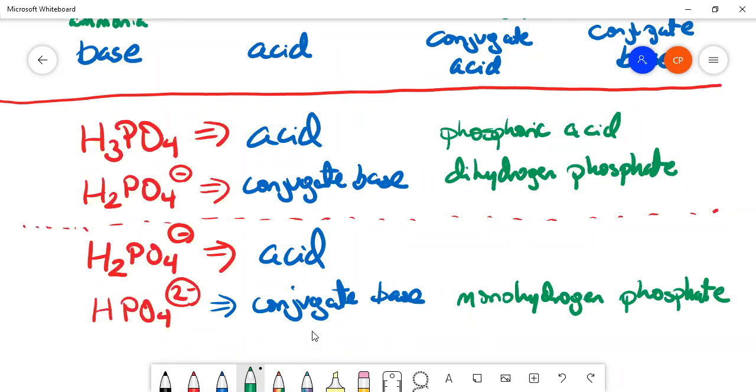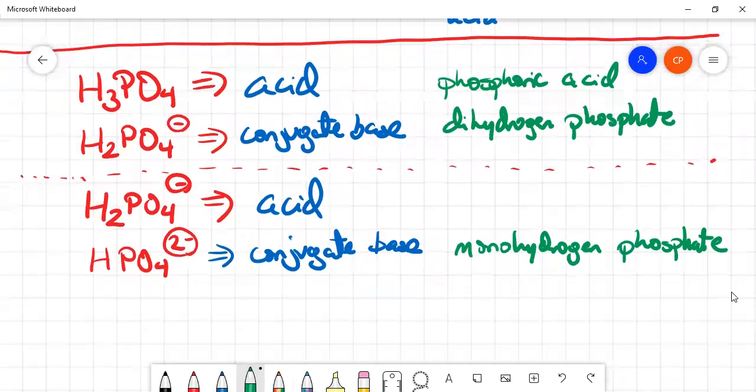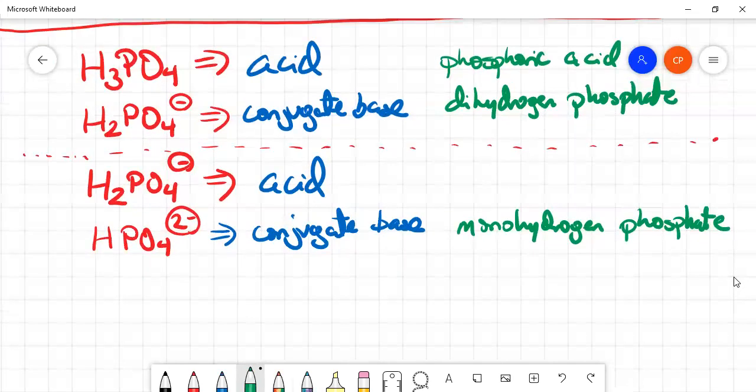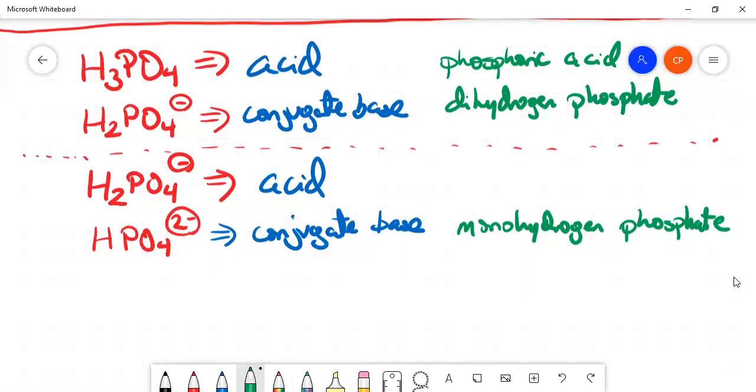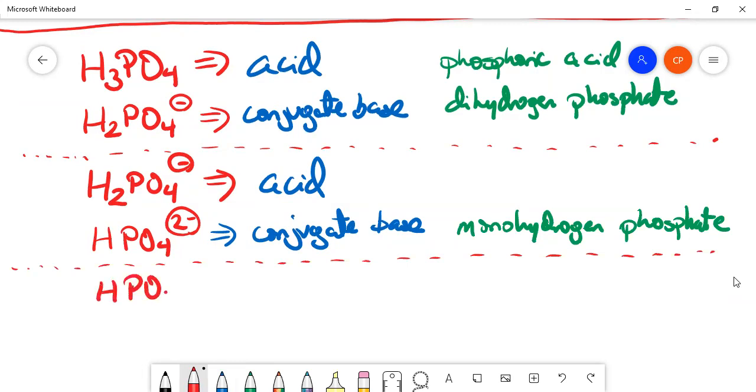But nothing in the rules says that monohydrogen phosphate can't act as an acid. It still has the one hydrogen to give up after all, yes? So let's just go through the story one more time. HPO4 2 minus is an acid. What is its conjugate base?